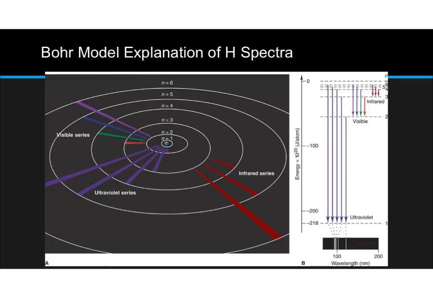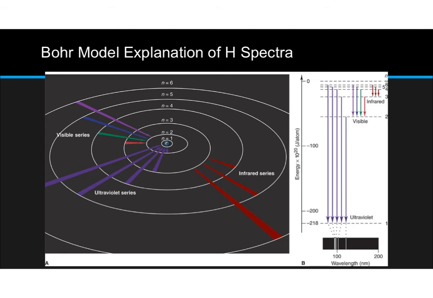This is a depiction of Bohr's model of the atom. For hydrogen, with just one proton and one electron around it, Bohr calculated these 6 energy orbital paths. Again, sort of like planets orbiting a star, except the star is the nucleus of an atom.